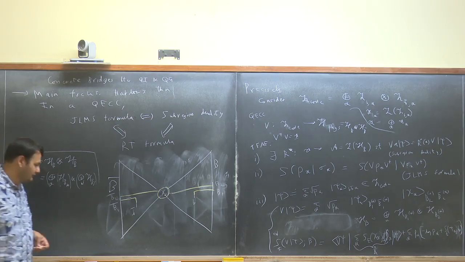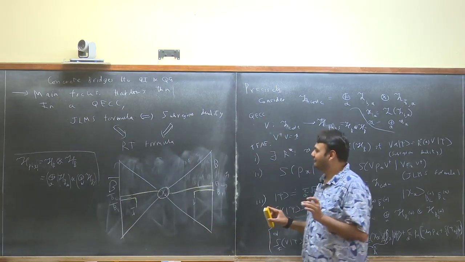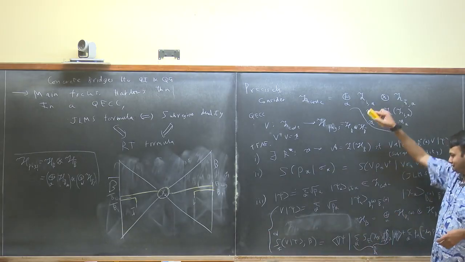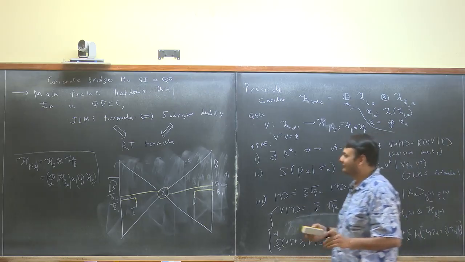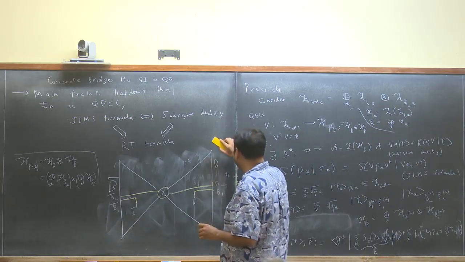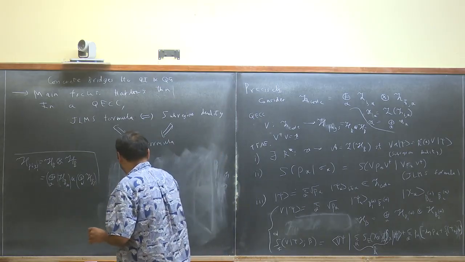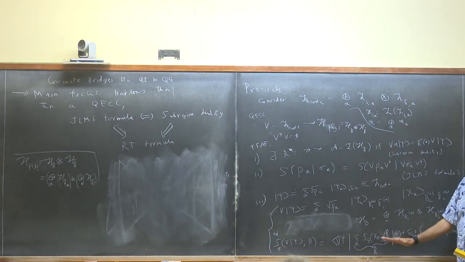Maybe what I'll do from now on is try to realize this in an explicit 2D CFT. Well, explicit is probably the wrong word to use. One important thing to say here is this is about quantum error correcting codes.